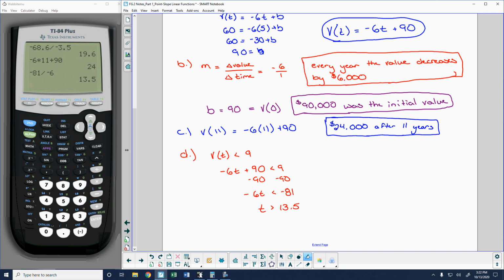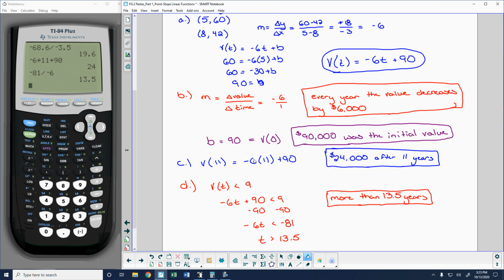So t has to be greater than 13.5. So more than 13.5 years. So it's going to take a little over 13 and a half years. Not equal at 13 and a half years, because at 13 and a half years, the value is 9,000. We wanted the value to be less than.